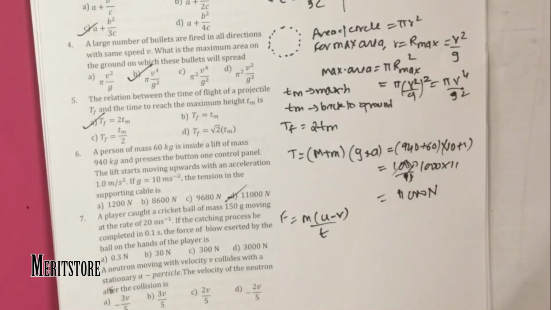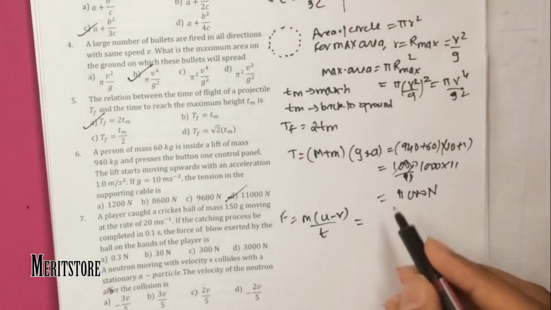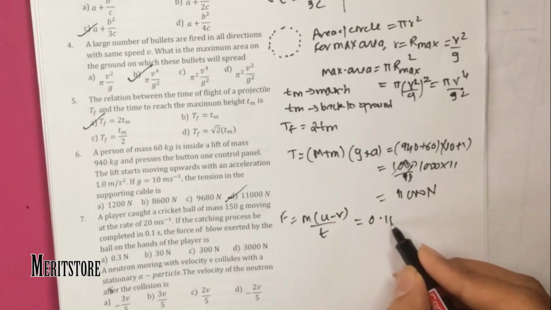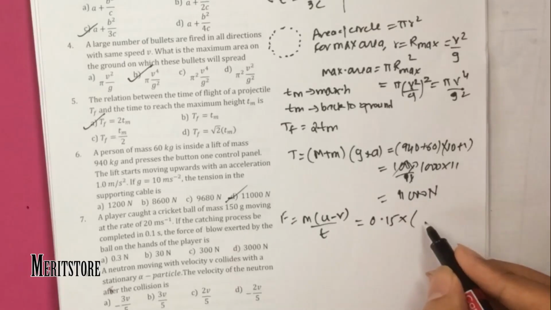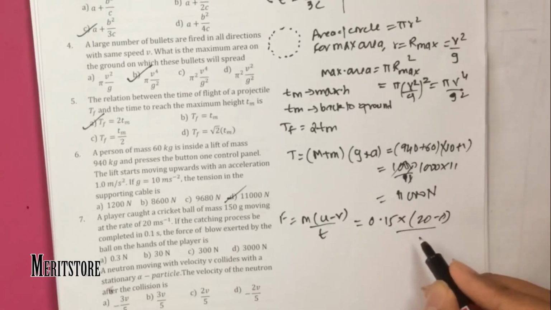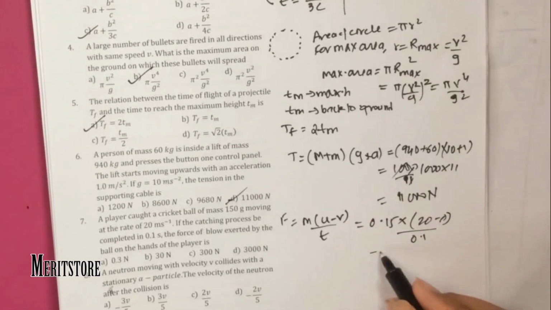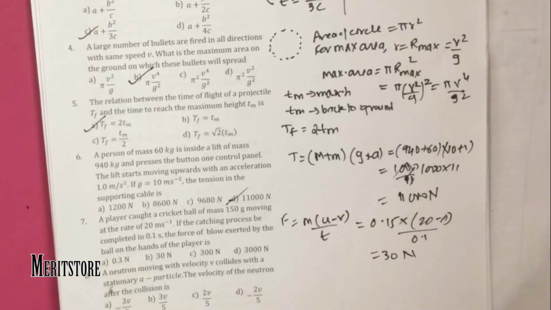So mass of the cricket ball is 150 gram moving at the rate of 20, that is basically initial speed is 20 meters per second, and since the person is catching the ball, the final speed will be 0, so it will be 0.15 multiplied by 20 minus 0 divided by 0.1. So your final answer would be 30 Newton.